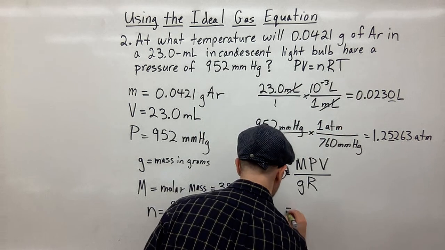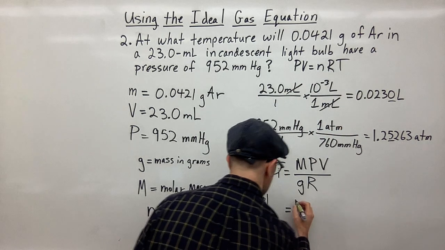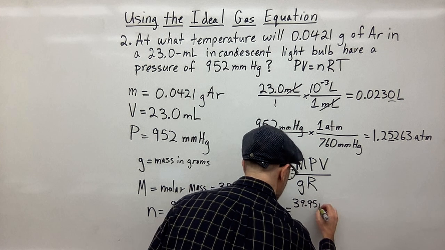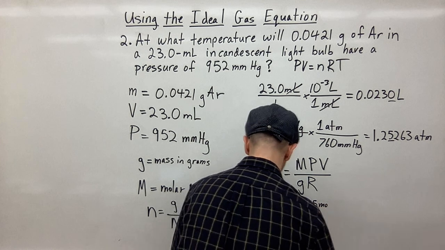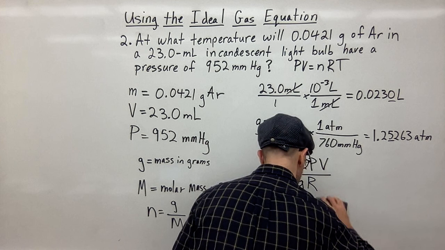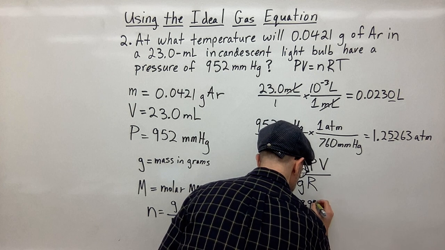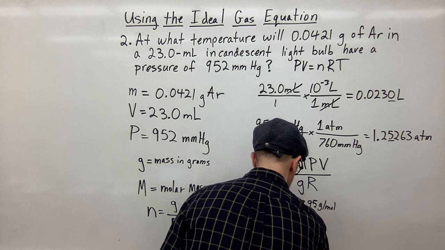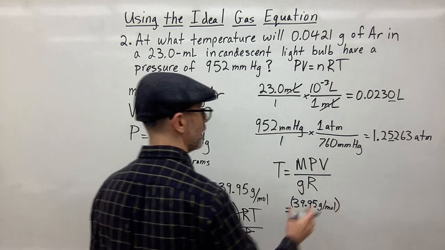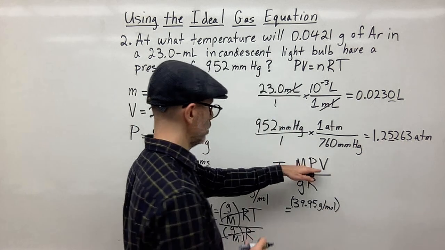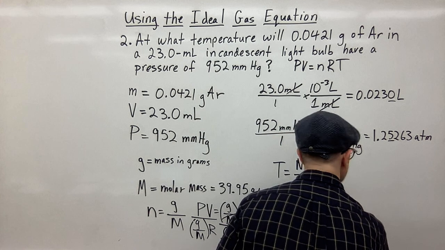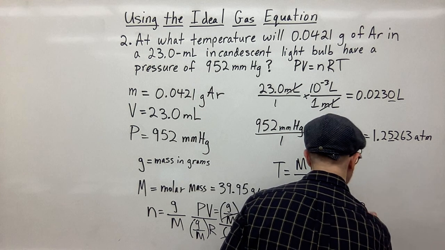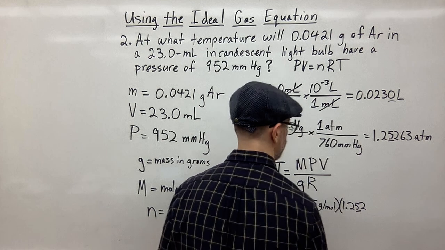So the molar mass is 39.95 grams per mole, and that's going to be multiplied by the pressure, which is in atmospheres. So that's going to be 1.252, and then a line under the 5, so we remember.